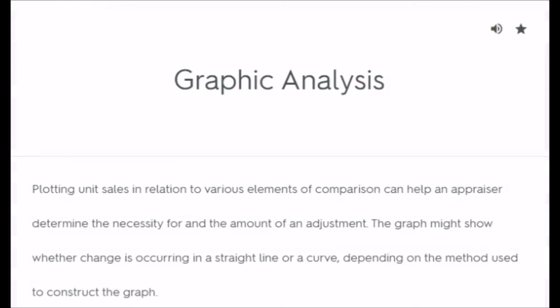Graphic analysis: plotting unit sales in relation to various elements of comparison can help an appraiser determine the necessity for and the amount of an adjustment. The graph might show whether change is occurring in a straight line or a curve, depending on the method used to construct the graph.